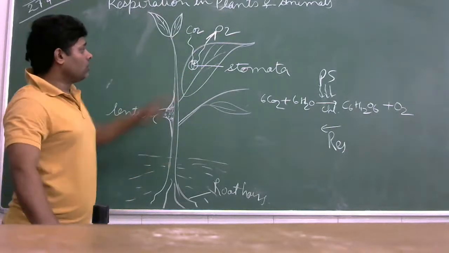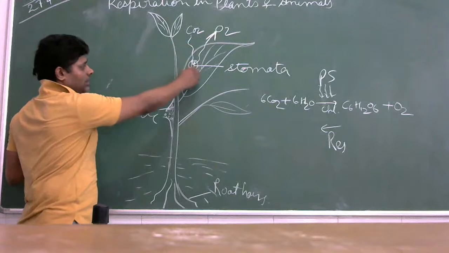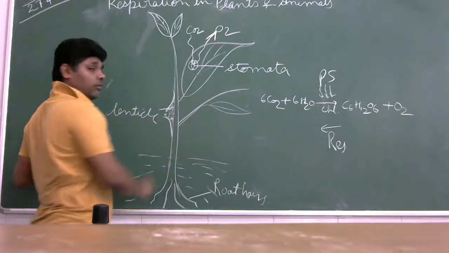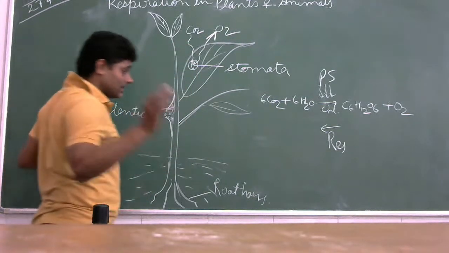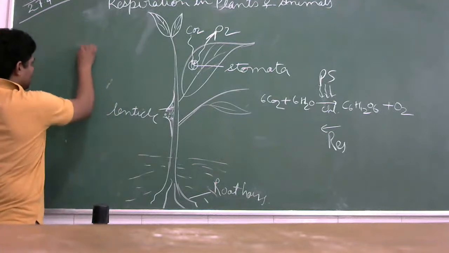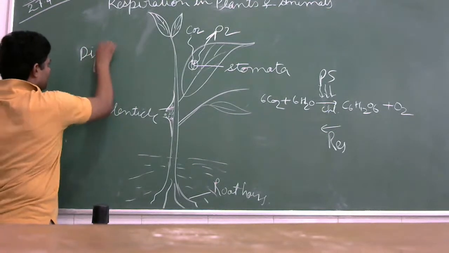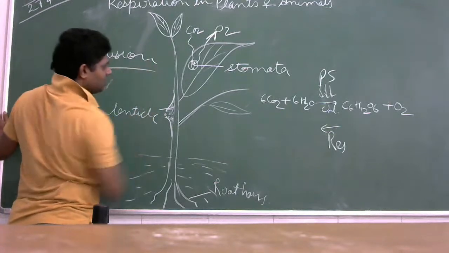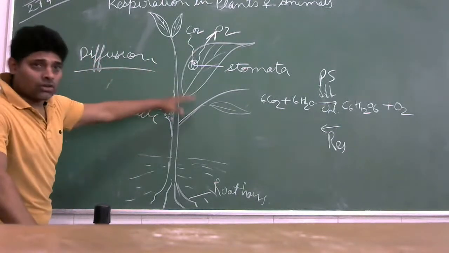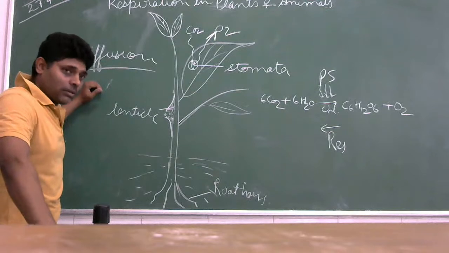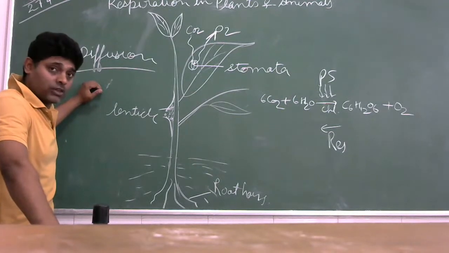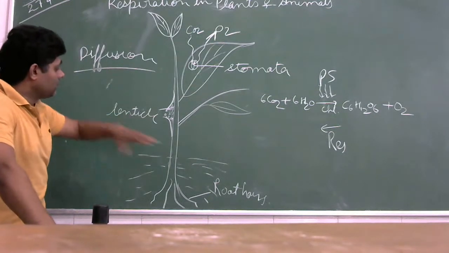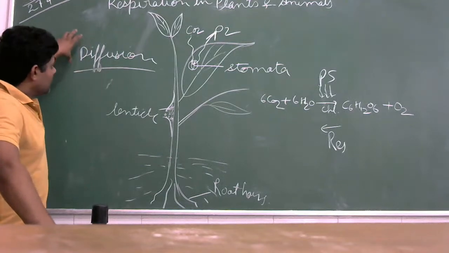Now, how will this oxygen or carbon dioxide move to all parts of the body? The simple method is diffusion. By diffusion, this oxygen or carbon dioxide moves to the other parts of the plant.